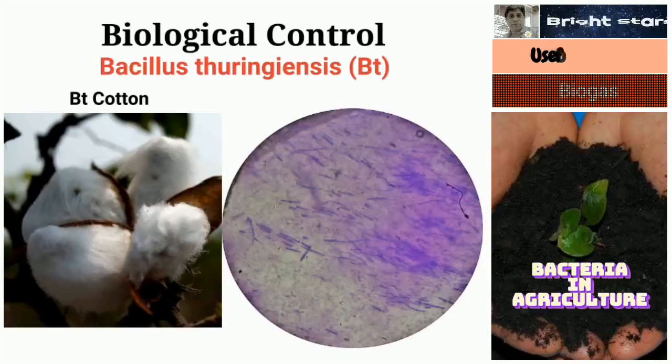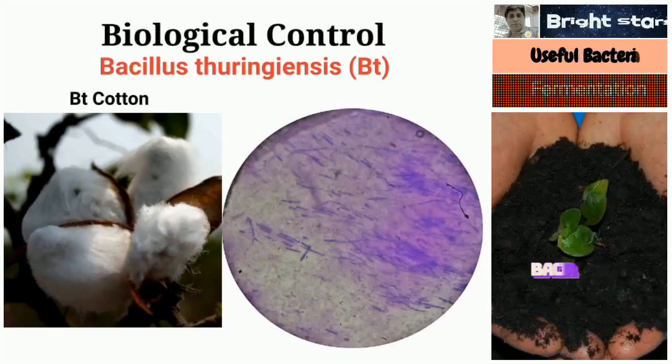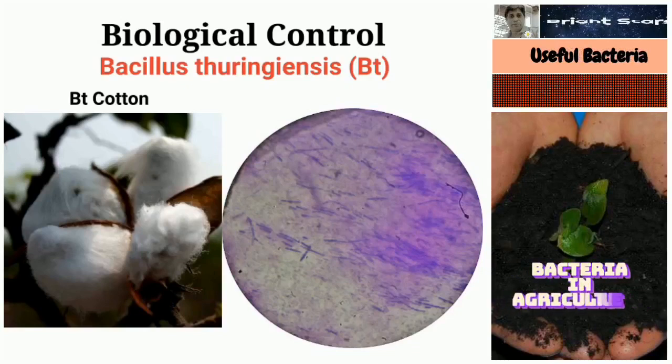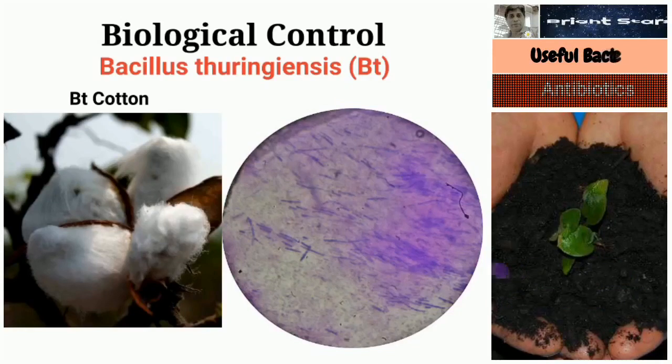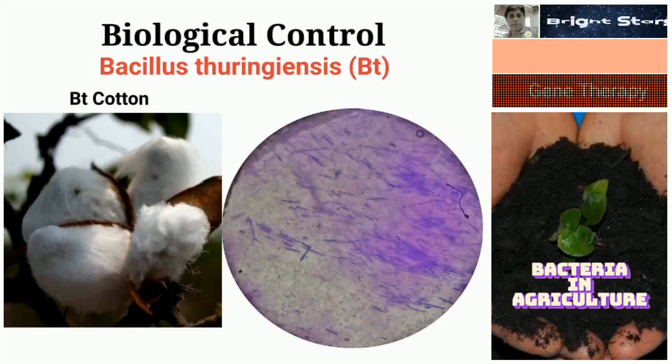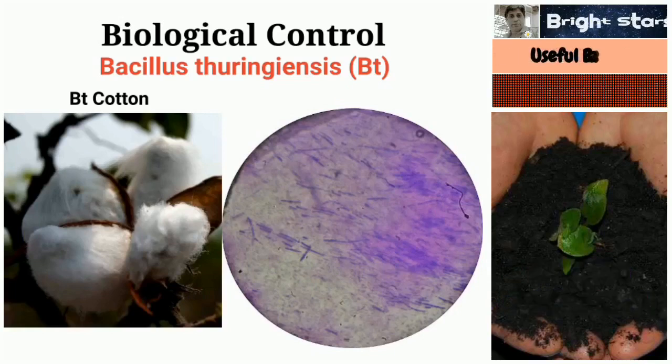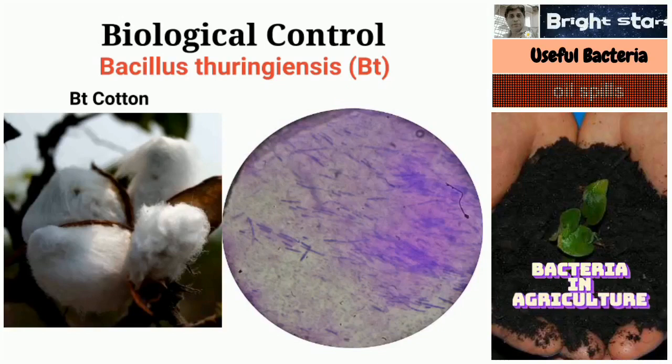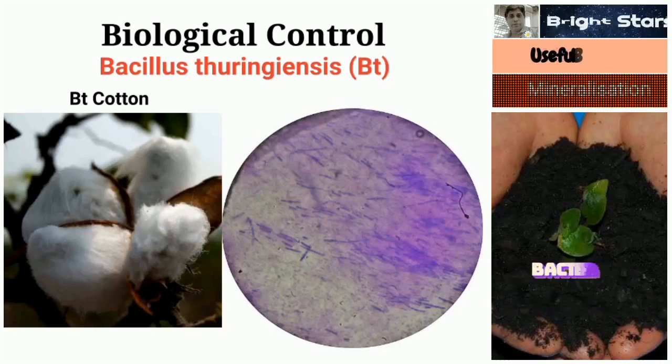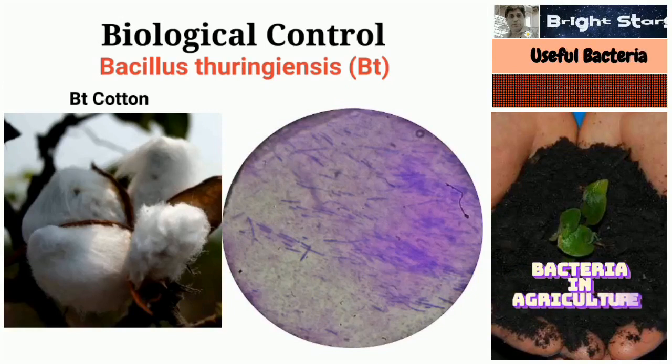So these bacteria are also used for biological control. We use pesticides, fungicides, bactericides, different kinds of chemicals to control pests and diseases on our crop plants. No need, because some bacteria, for example Bacillus thuringiensis, abbreviated as capital B small t, help.